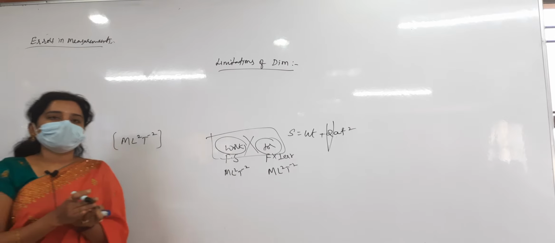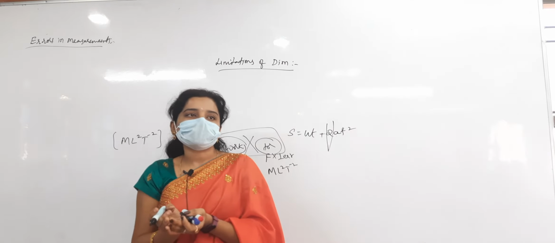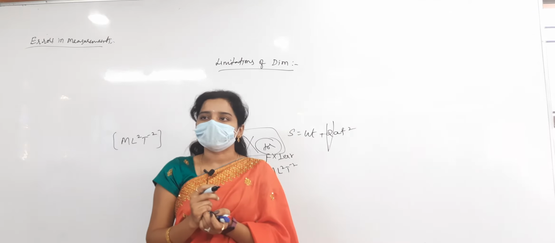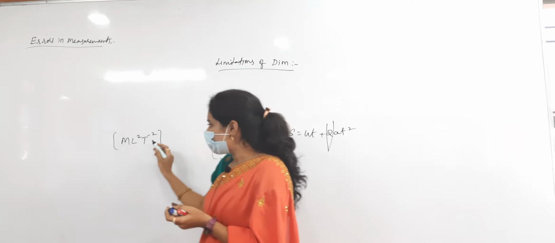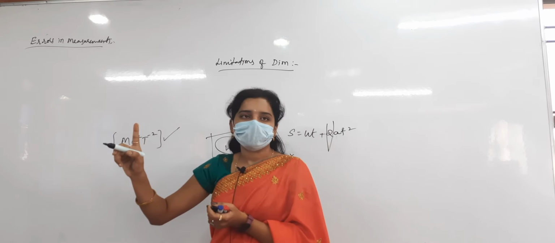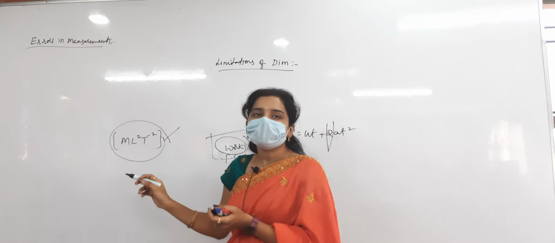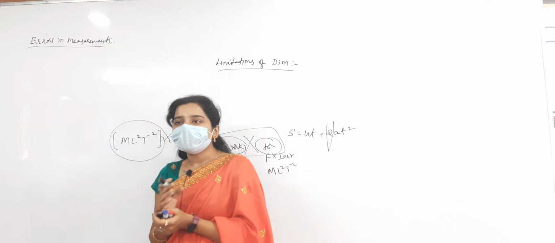Different physical quantities can have the same dimensional formulas, so we cannot say that a dimensional formula belongs to only one quantity. It belongs to a number of physical quantities, so we cannot get to know the reason for the problem. Clear? Those are all the limitations.